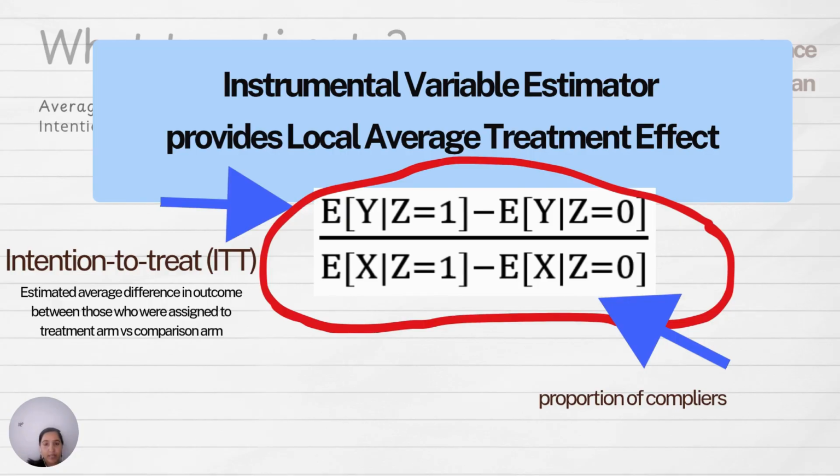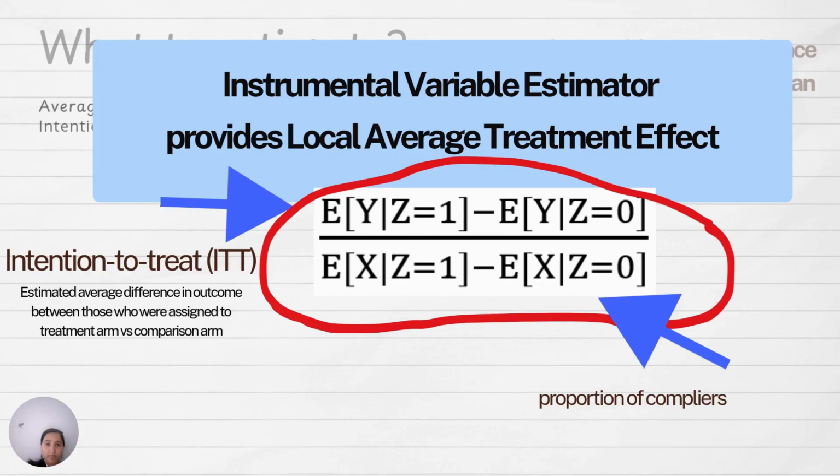Here you can see this numerator is the estimated average difference in the outcome Y between those who were assigned to treatment, that is Z equal to 1, and those who were assigned to the comparison arm. This difference is the numerator, and this is also the estimate that we have been referring to earlier, the intention to treat estimate.